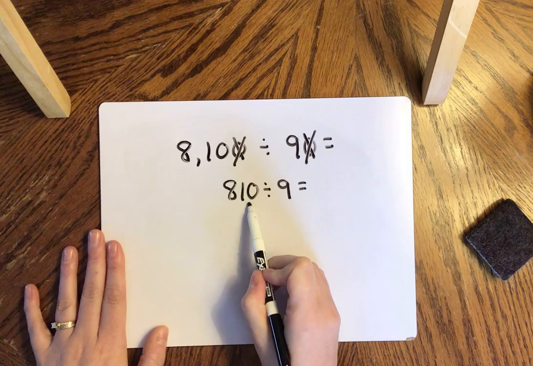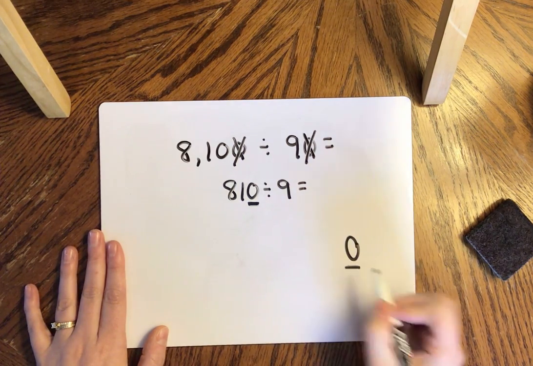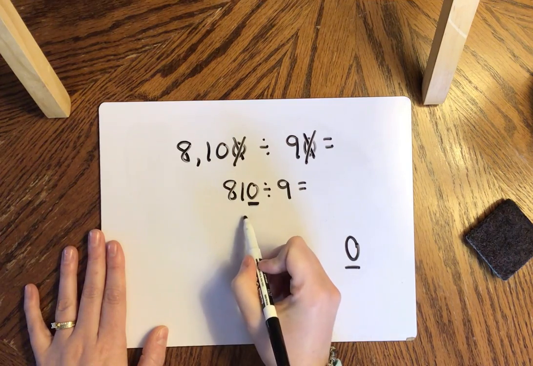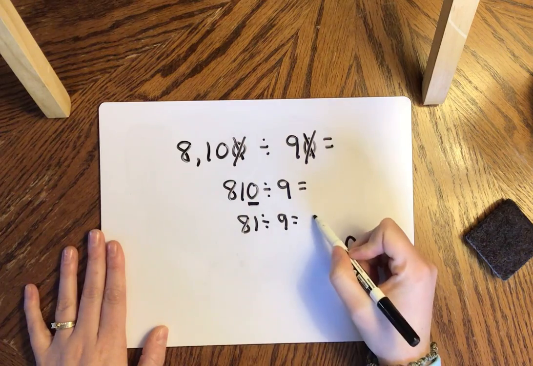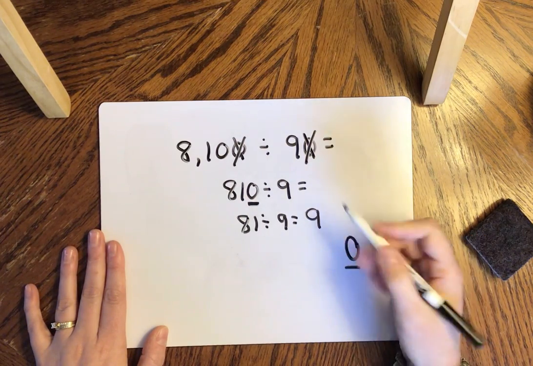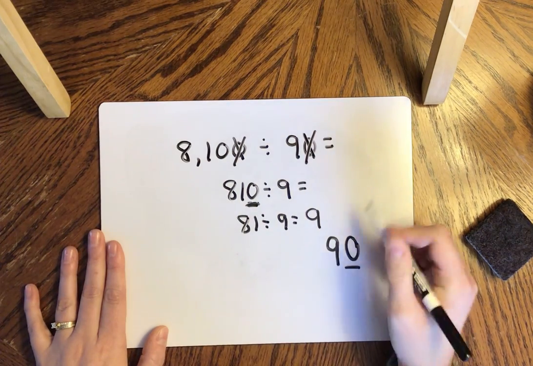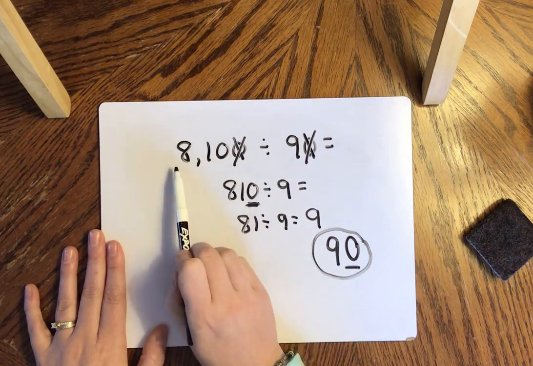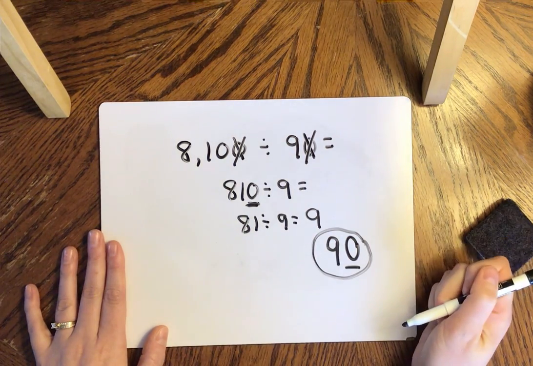Okay, we have an extra 0, so I know that it's going to go on to my answer. I'm going to tack it onto my answer. But for right now, we're just going to divide 81 divided by 9, and that equals 9. So my answer is 9 with the extra 0 tacked on. My answer to 8,100 divided by 90 equals 90.